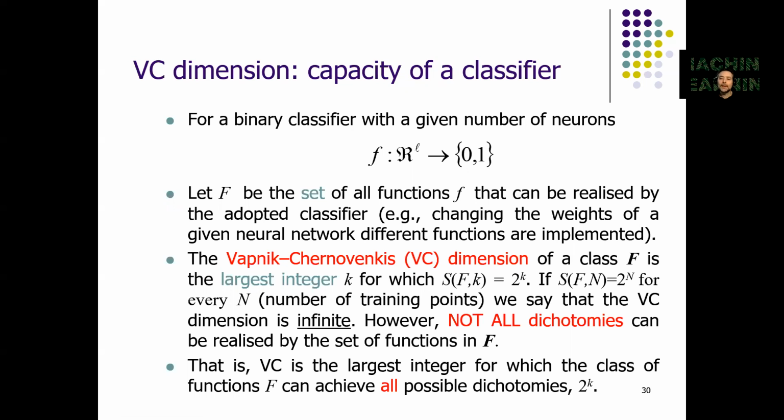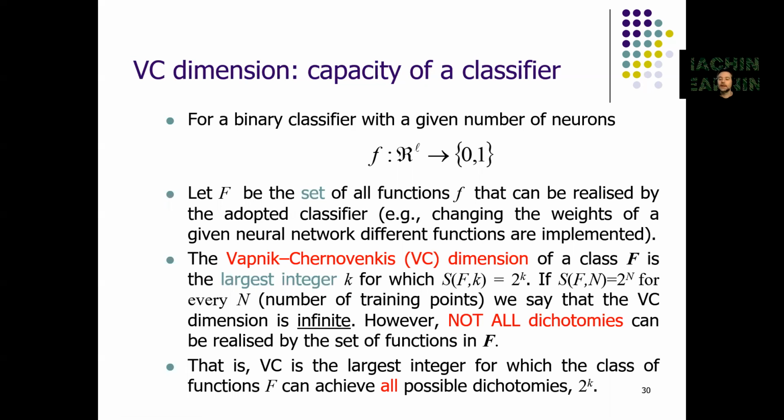But in general, because we can create different kinds of classifiers using the same data set, for example, with neural networks, as the weights change, you come up with different configurations, and everything seems to work fine for the same data set. So you have F capital, a set of all functions that the classifier can realize.